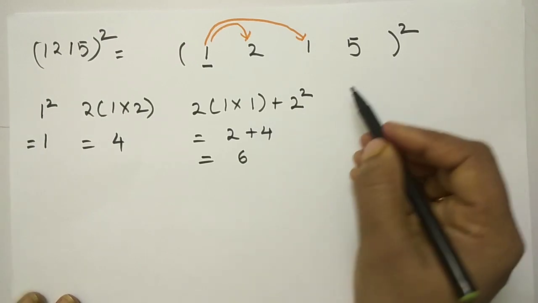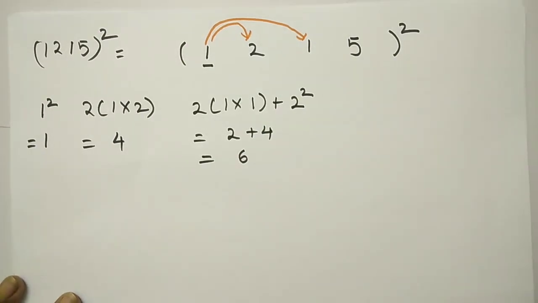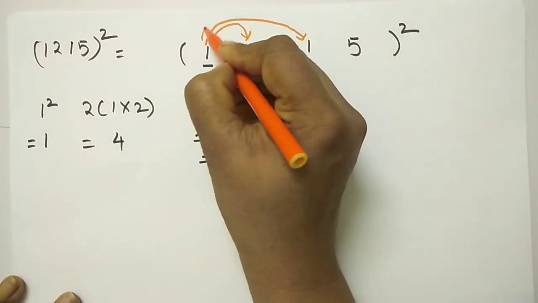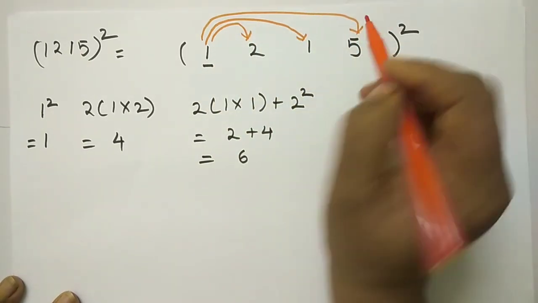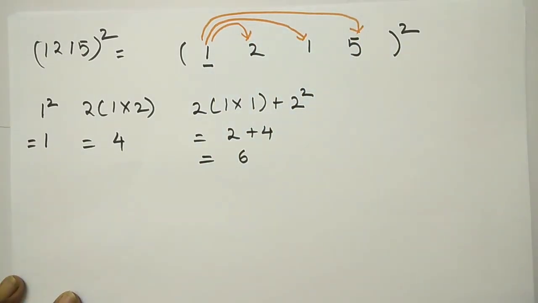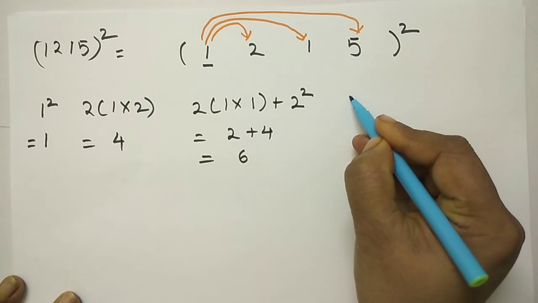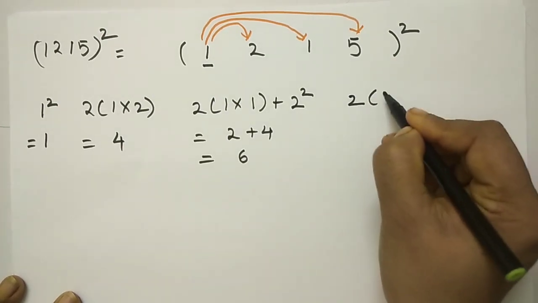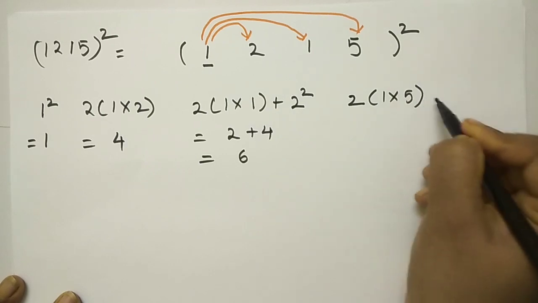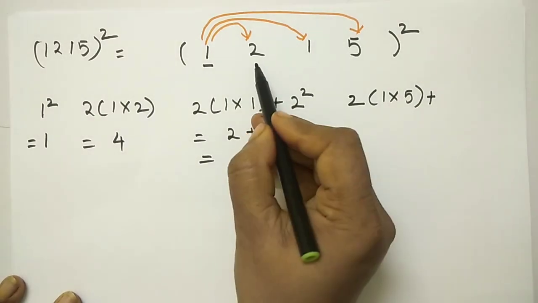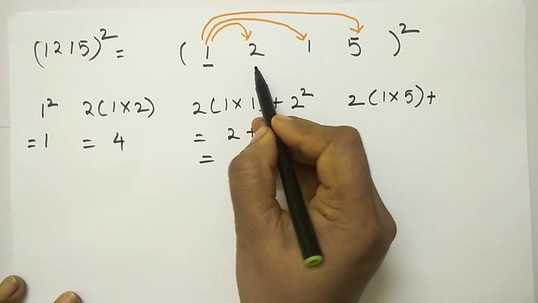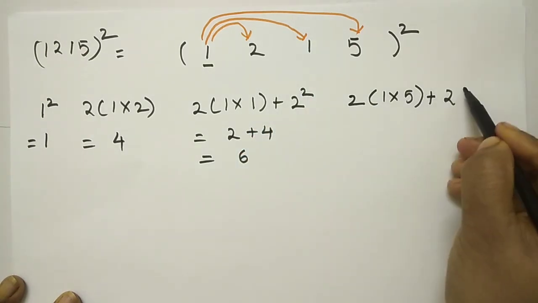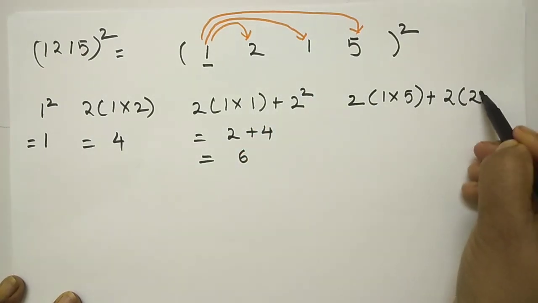Next you have to find the product of this one. 1 into 5. 2 into 1 into 5, plus, here you have two numbers, is it not? So simply write down here 2 into 1.